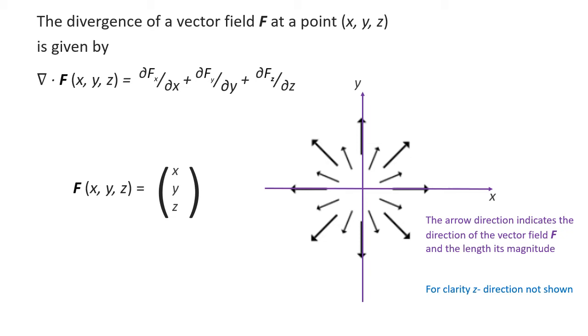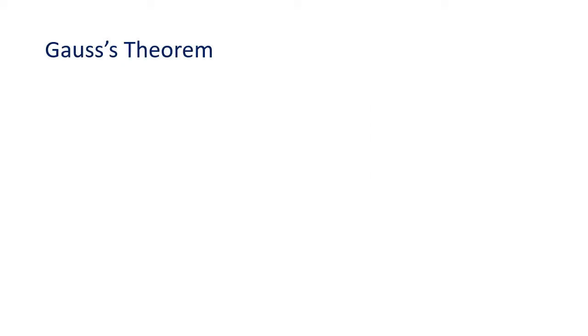It moves away from the origin. In fact, it diverges from every point. The divergence of that vector field is simply the derivative of x with respect to x is 1, the derivative of y with respect to y is 1, the derivative of z with respect to z is 1, so the divergence is 3, which is positive everywhere.